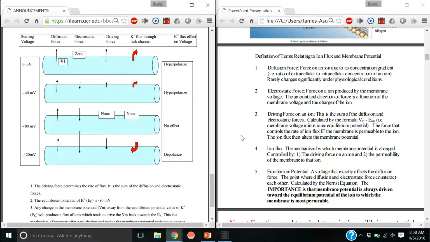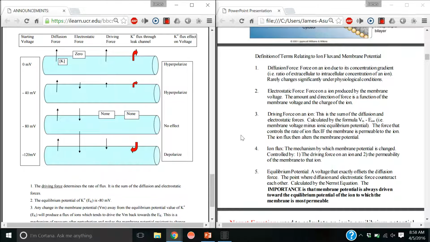So if everything else is constant, membrane potential will stay at minus 80 millivolts. So there's no flux of potassium, no effect on membrane potential.